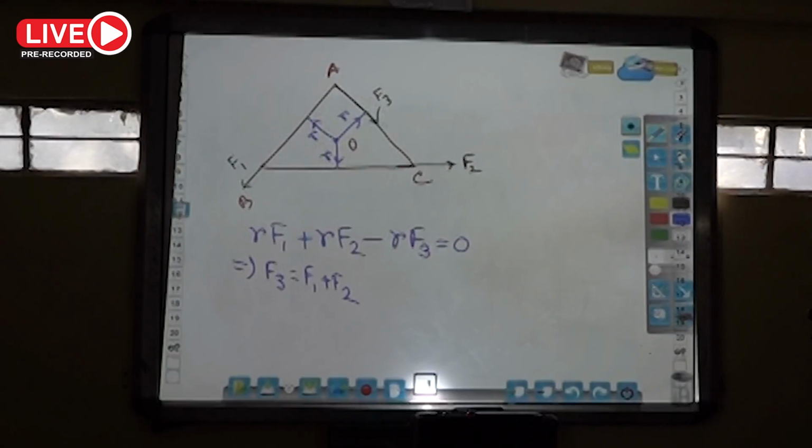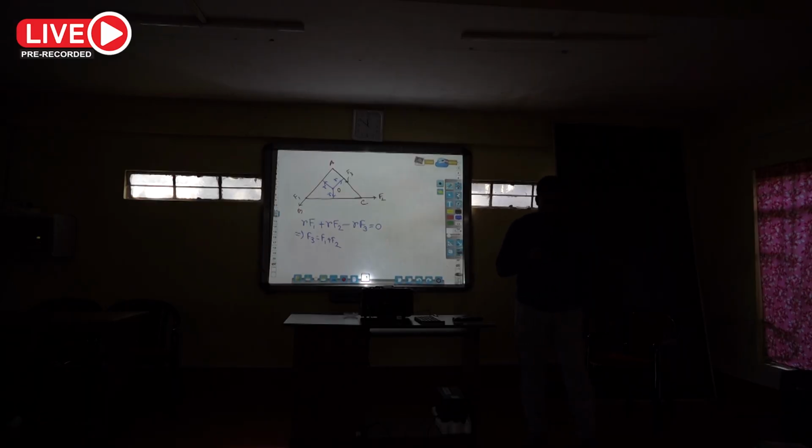Question number 6. The instantaneous angular position of a rotating wheel is given by the equation theta equal to 2t cube minus 6t square.